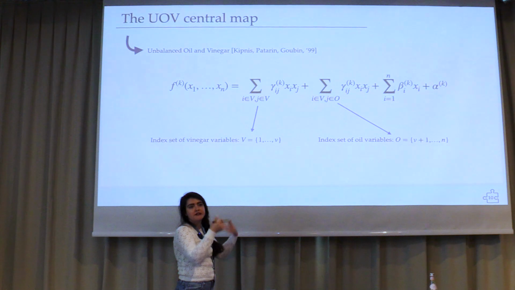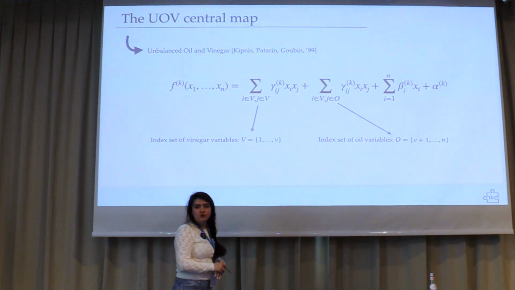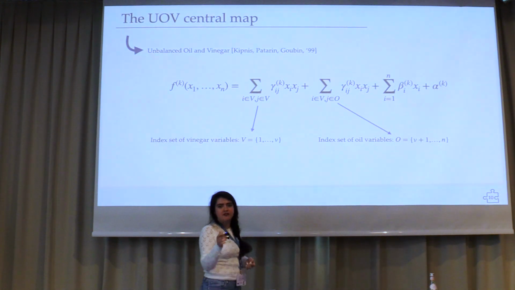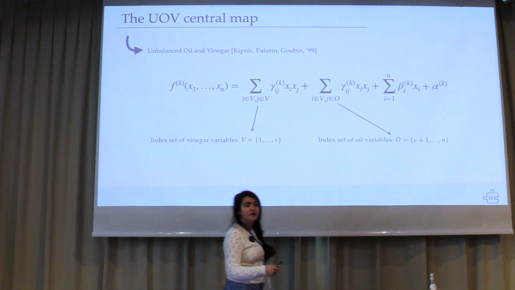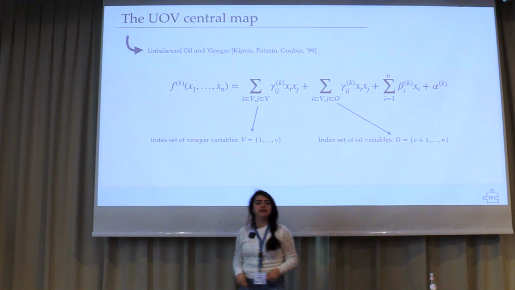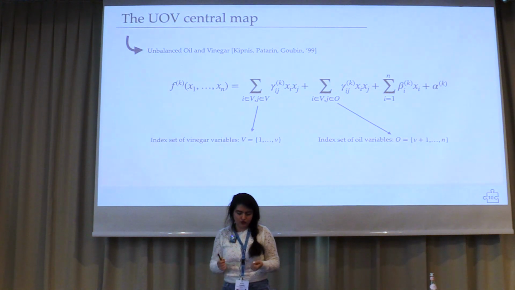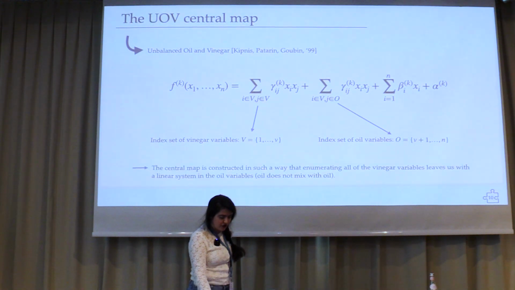That probably has a unique solution, or it is inconsistent, and if it is inconsistent, you need to do a different enumeration and try again. That is how you invert the central map, and that is why it is easy to do if you know the structure.